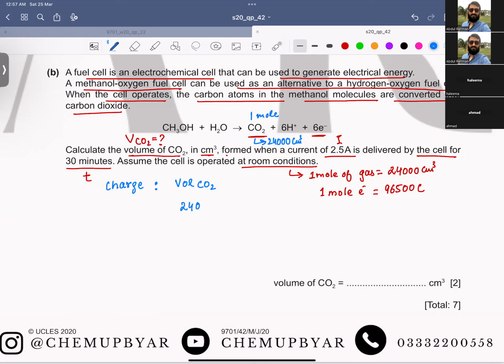Now the charge: there are 6 moles of electrons, so the charge in this reaction is 6 times 96500 coulomb. So 6 times 96500 coulomb charge is to 24,000 centimeter cube of carbon dioxide gas. Is this clear to everyone? Yes, sir. Okay.